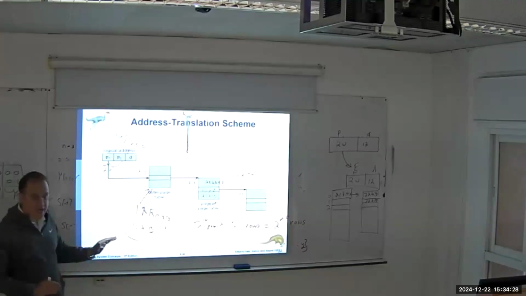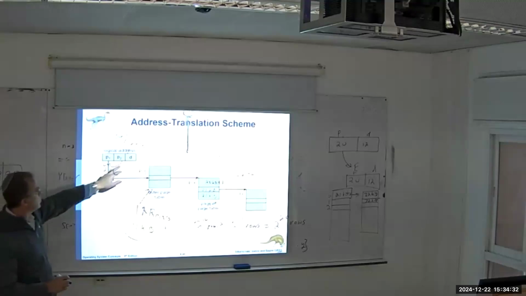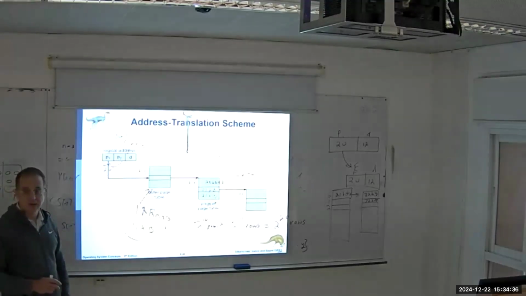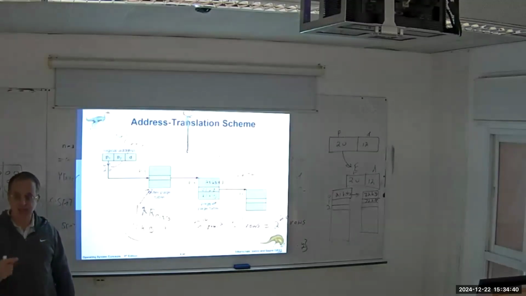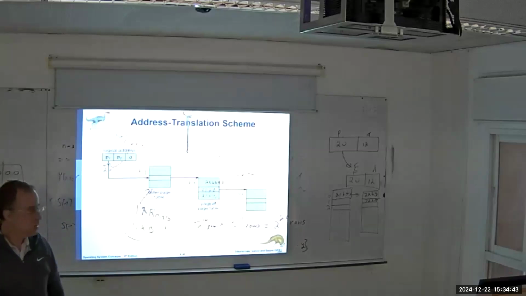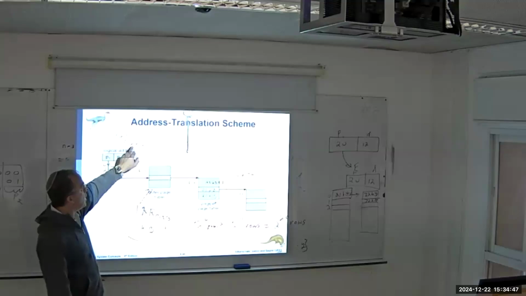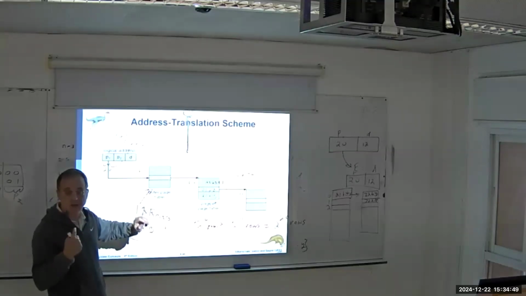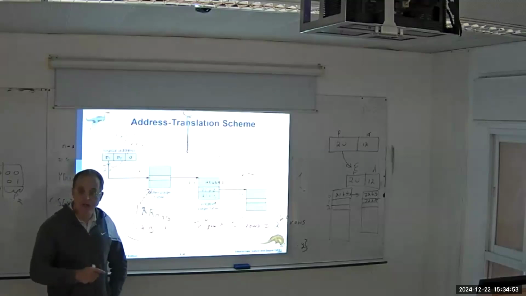So actually it works out that by dividing it in the way that I just proposed, which was 12 and 10 and 10, a 12-bit address space references 4 kilobytes of memory, right? This is very important to differentiate.